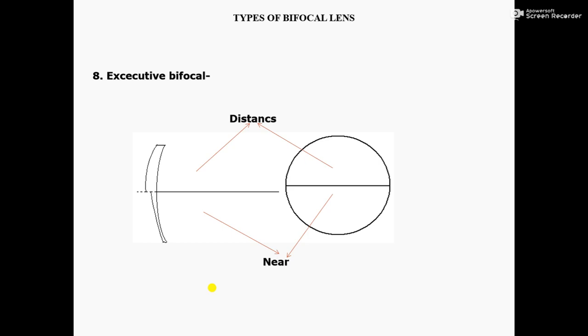The advantage is a large field of view and less chromatic aberration, but the disadvantage is that it is very heavy, dust accumulates in the ledge, and the edge of the segment chips easily. Thank you.